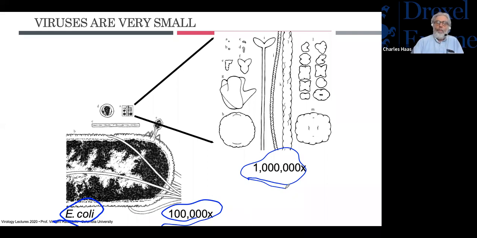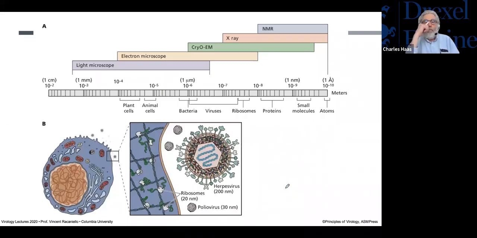Very, very small. In fact, while we can see bacteria under a light microscope and very, very large cells, either animal cells or plant cells, even by the naked eye, viruses can only be imaged by an electron microscope.